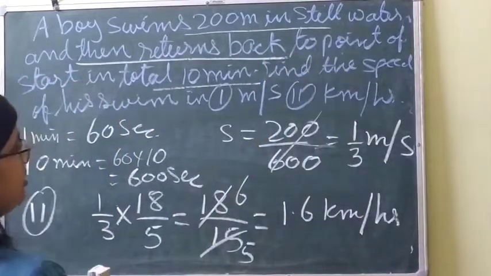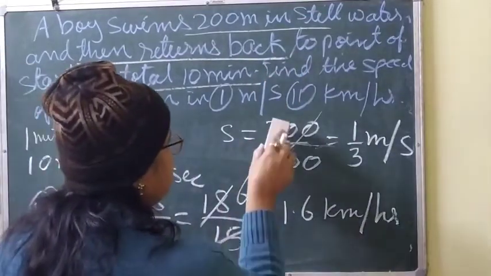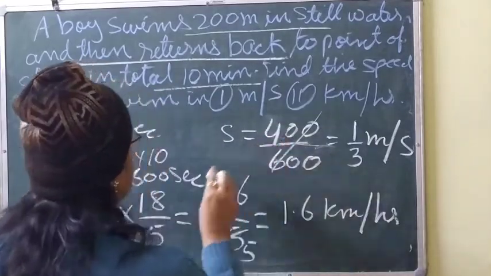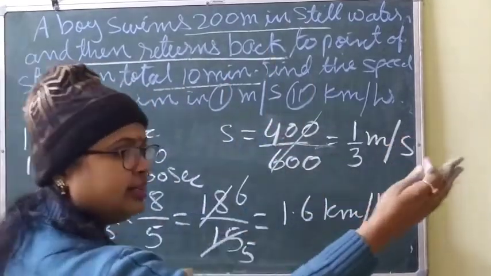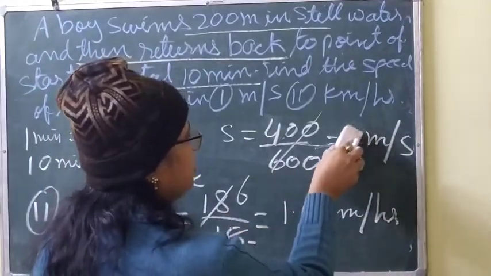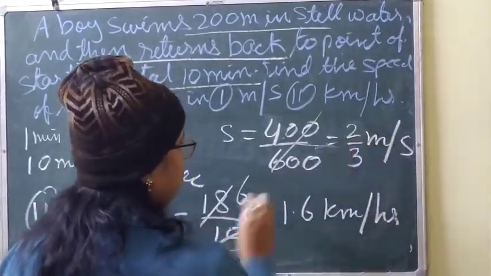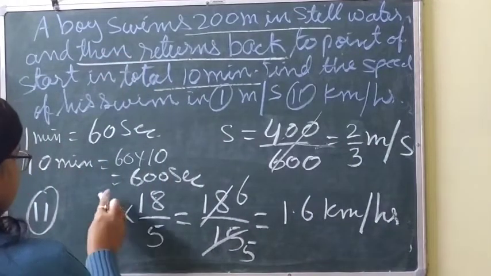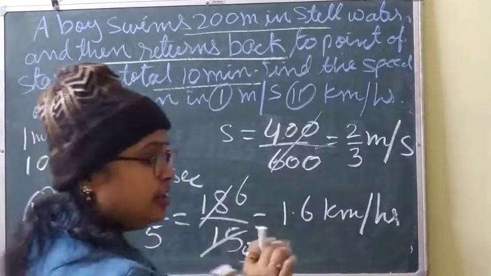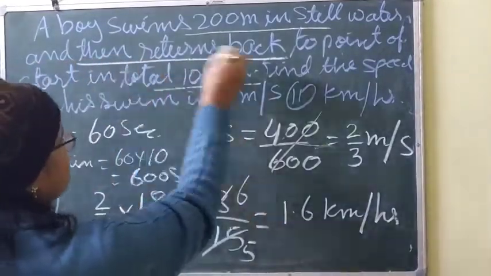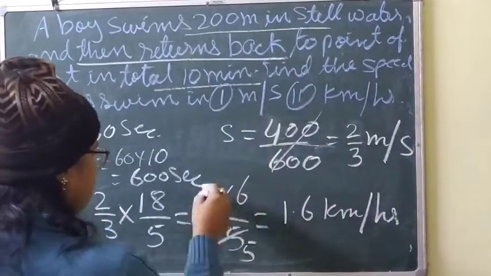Returns back means 200 going and then 200 coming, so here it will be 400, not 200. So reading the question is very important. That is why I underline, and by mistake I left this return back.